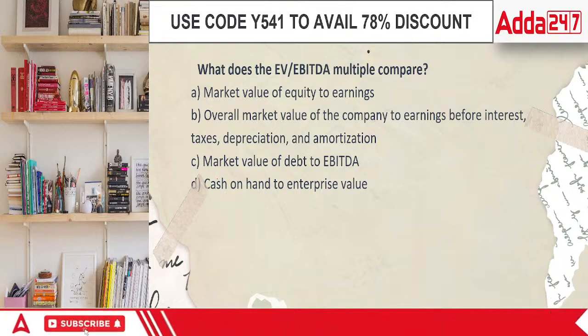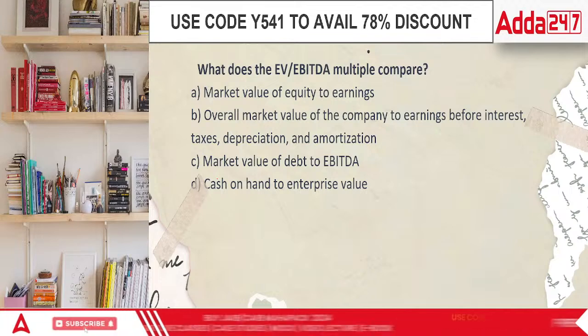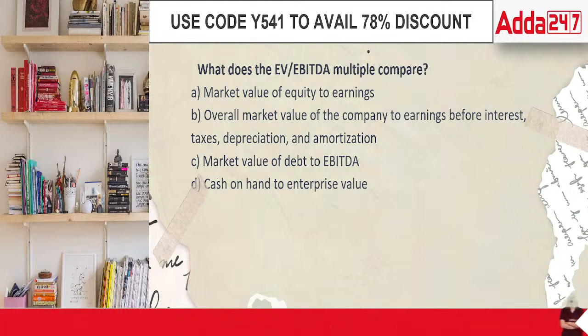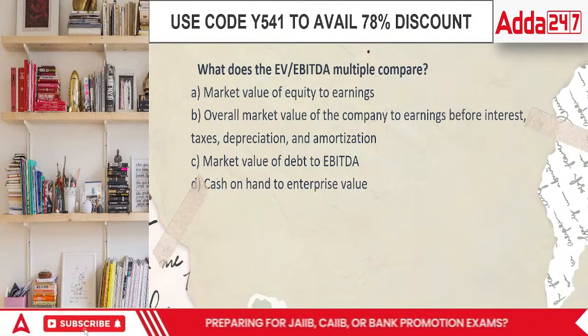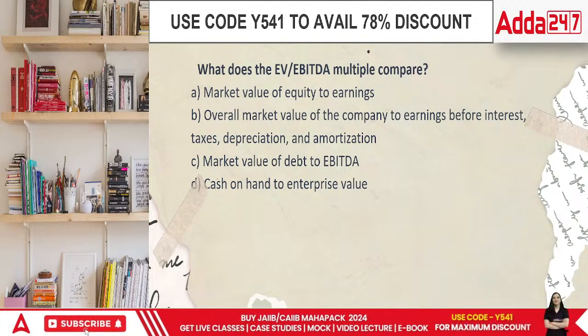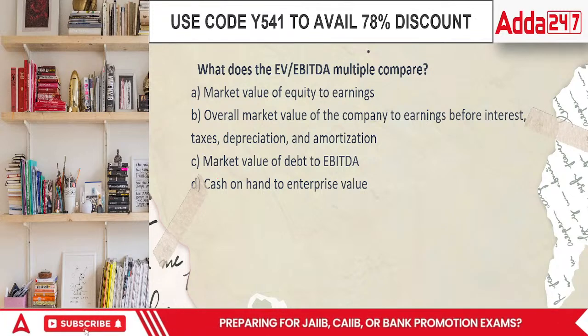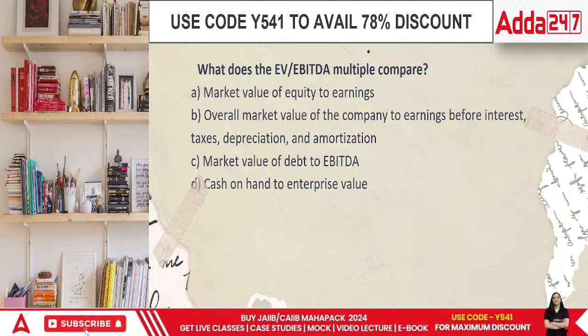What would be the answer, everyone? What would be the answer? The cash on hand and market price, enterprise value, market value of debt to EBITDA, overall market value of the company to earnings before interest, taxes, depreciation and amortization.